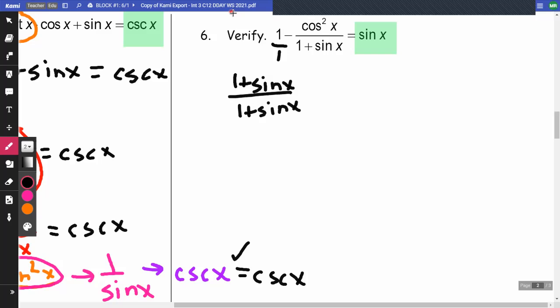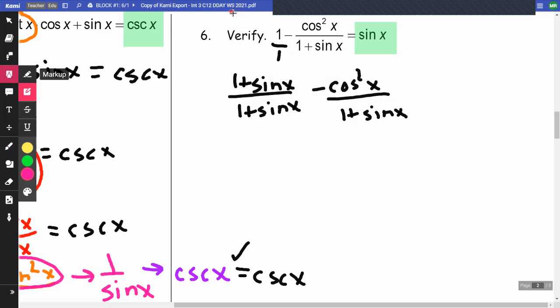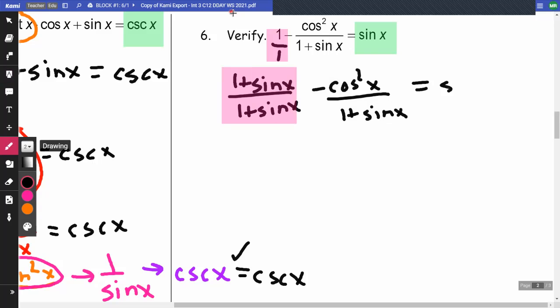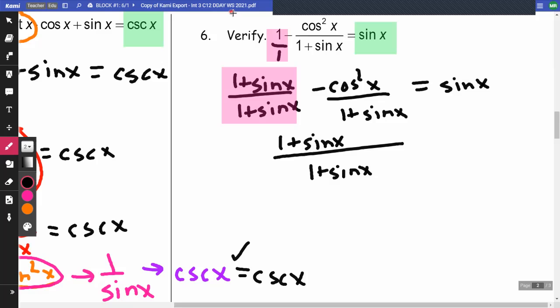That's a 1. Minus cosine squared x over 1 plus sine x. So again, the one thing I just did was I rewrote this 1 like this. Okay. And our goal is to get a sine x. So now they have a common denominator, 1 plus sine x. So when I put all that together, I have a 1 plus sine x minus cosine squared x.